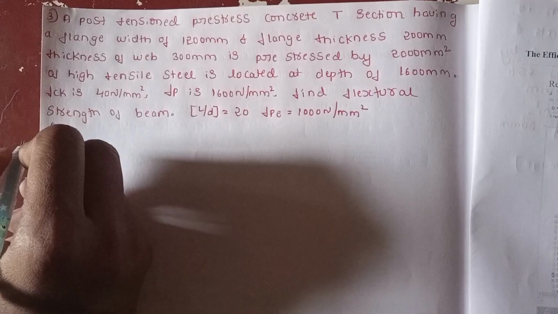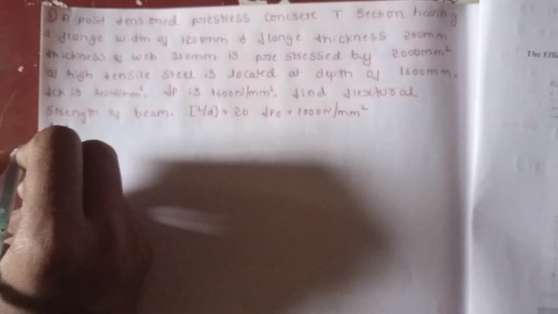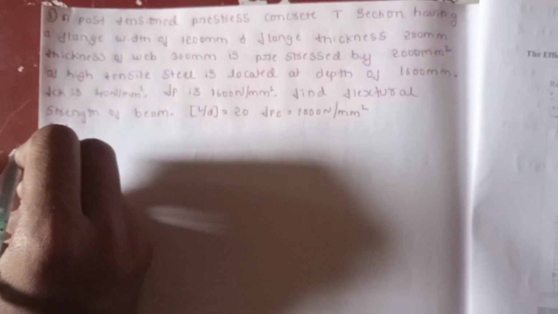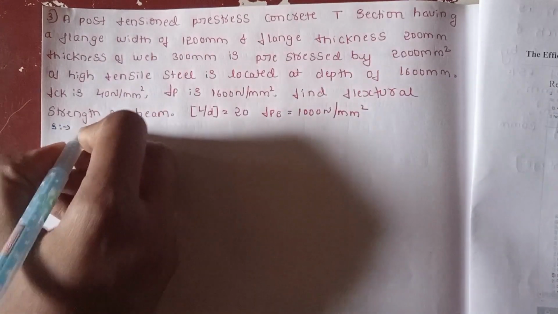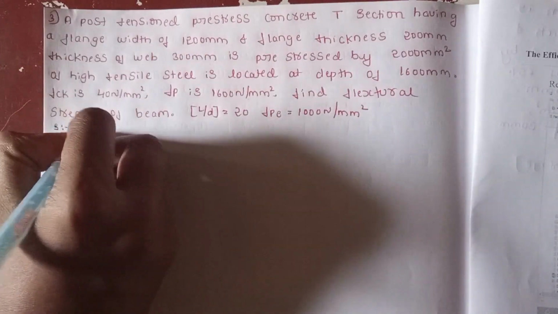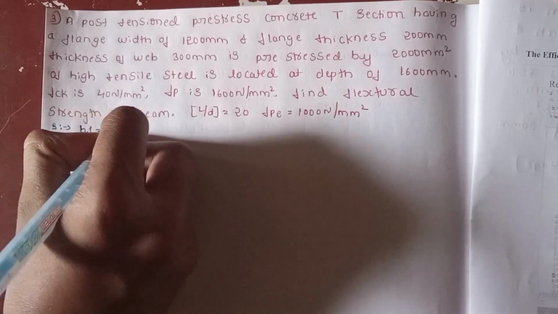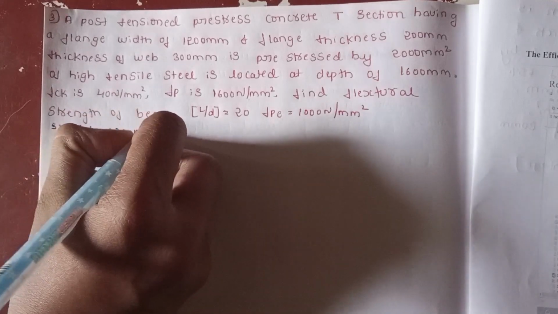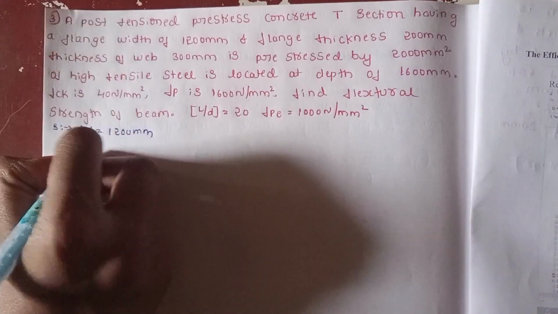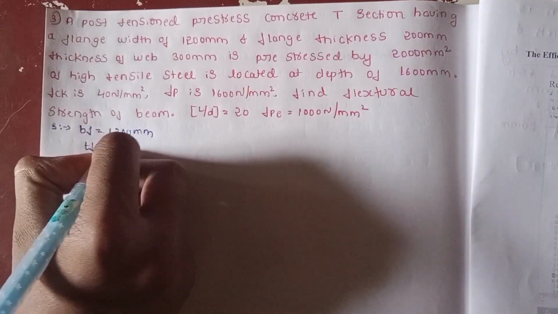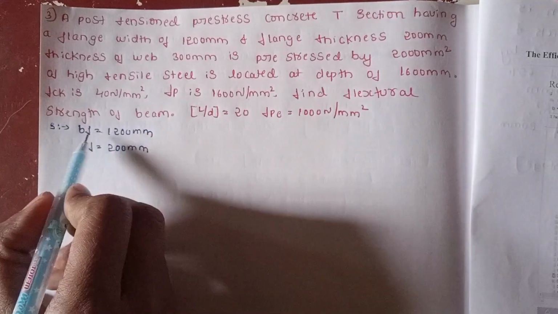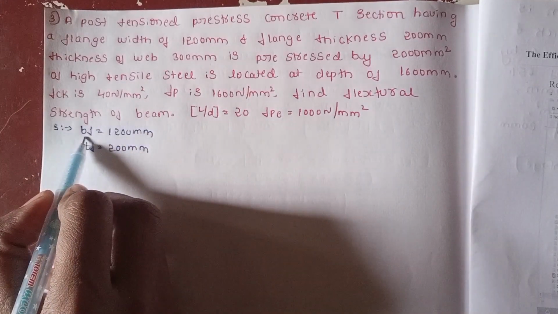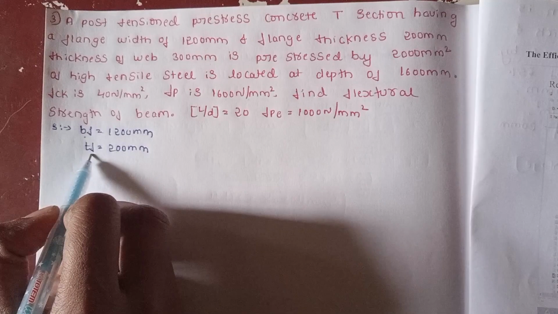Solution: BF equal to 1200 mm and TF equal to 200 mm. BF means width of the flange and TF means thickness of the flange.